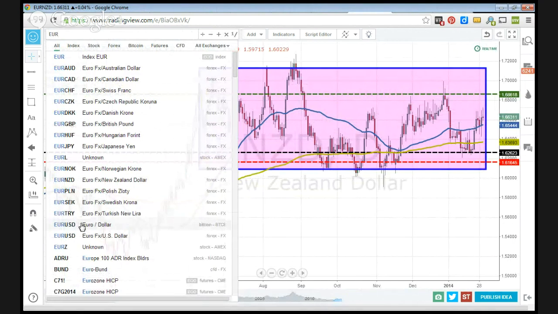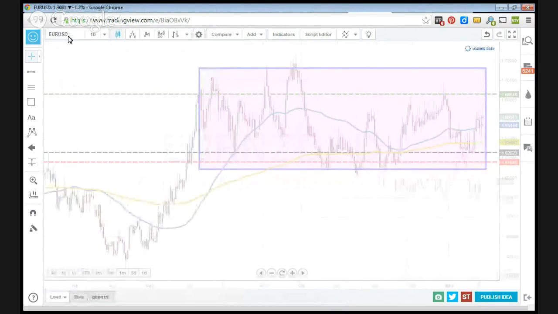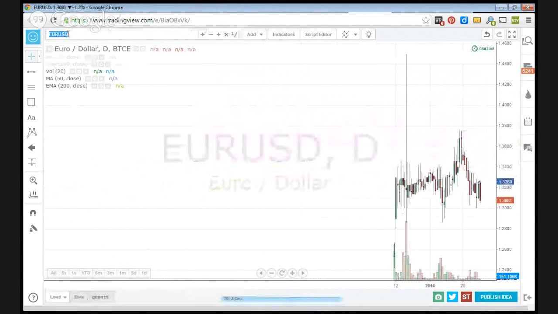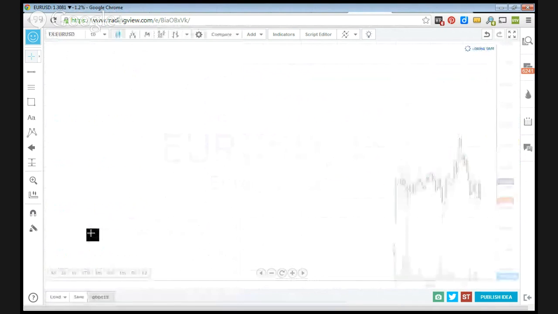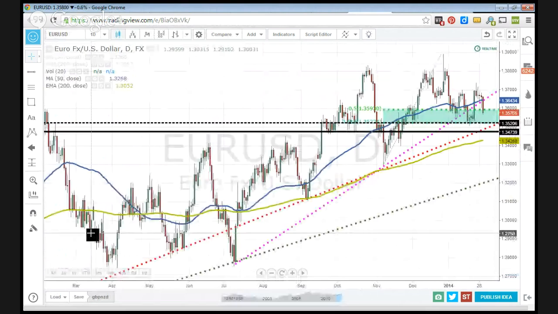Euro US dollar. Oh, that's the wrong one. For some reason, they have this Bitcoin thing listed here. Here is correct. Euro US dollar. Okay, big move down. Like I mentioned before, I don't like to enter on a big down candle like that.